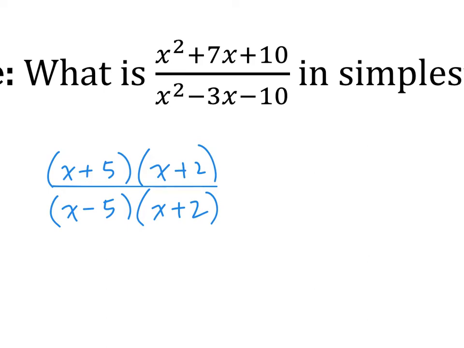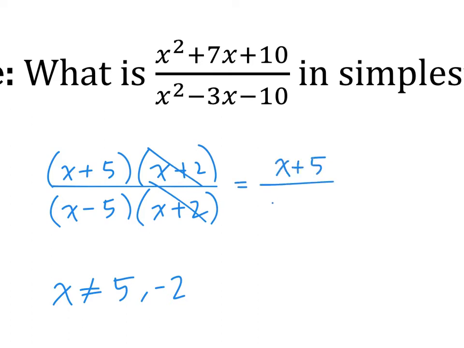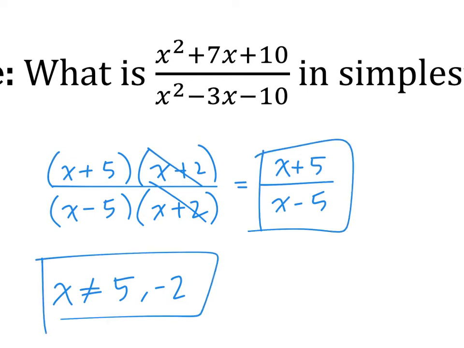Second step. Note the restrictions on the variable. So what can x not equal? 5 and negative 2. Yes, both of them. So anything that's in the denominator is a problem. The last thing, cancel out any factors that are the same. Yes, and then the answer is x plus 5 over x minus 5. That's it. So very easy.